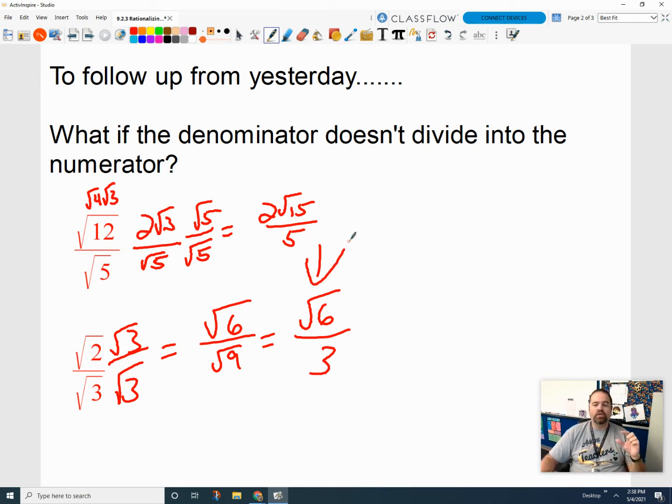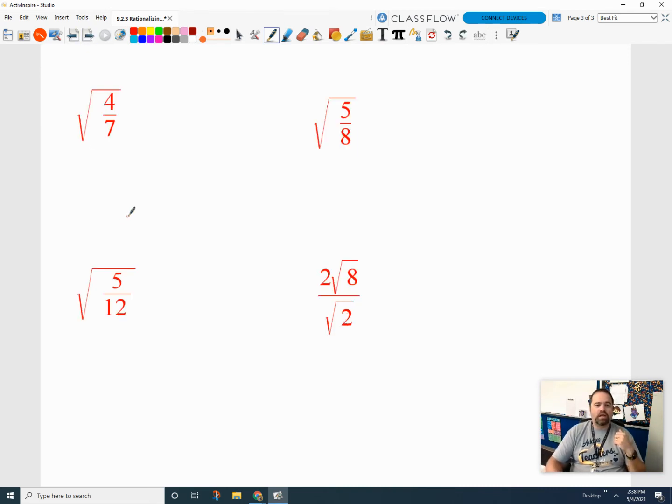Anything under a root, double check that it doesn't go down any further. Any coefficients or numbers outside of the roots, make sure those are as simple as possible too, as far as the fraction goes. What I mean by that is, if I'd wound up having, I'm going to make a number up here, 6 root 6 over 3, I could have worked with the 6 and the 3 outside the roots.